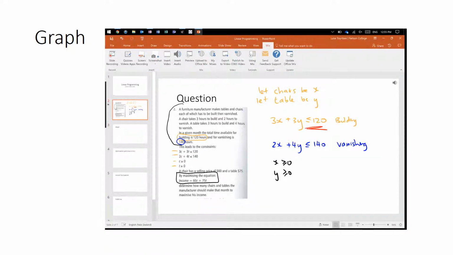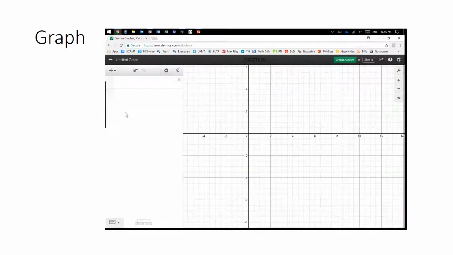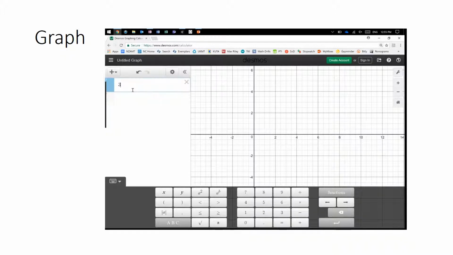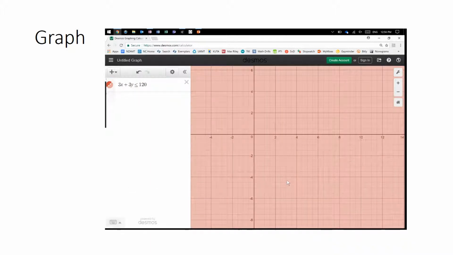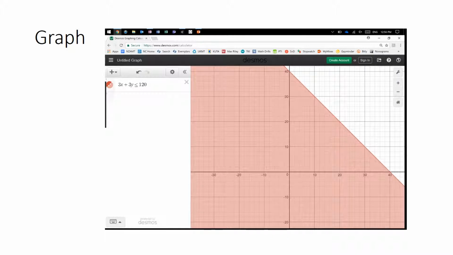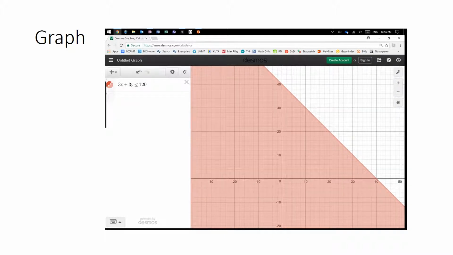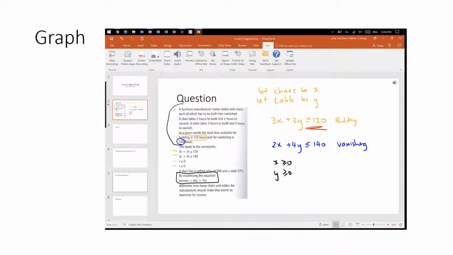Constraints were 3x plus 3y less than or equal to 120. So here, 3x plus 3y has to be less than or equal to 120. There's my graph so far. Okay. What's the next equation?